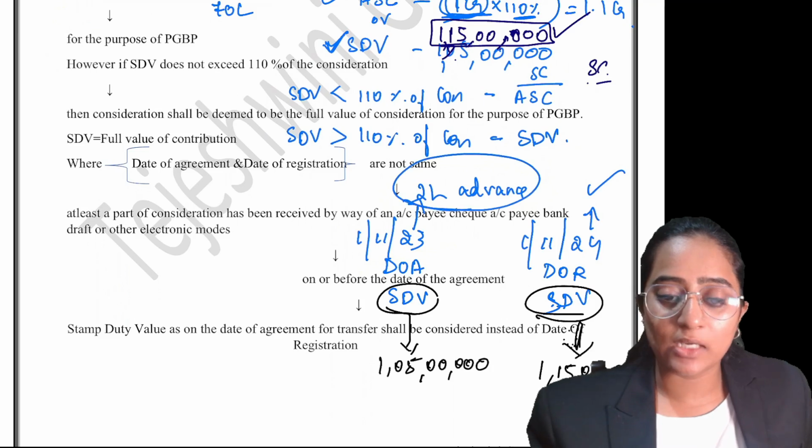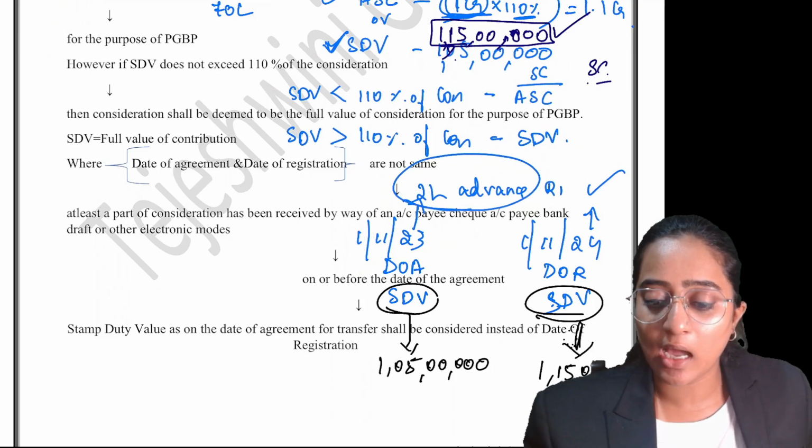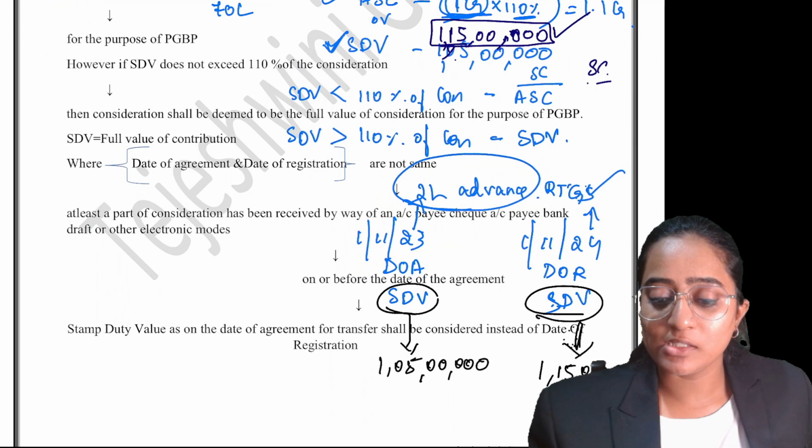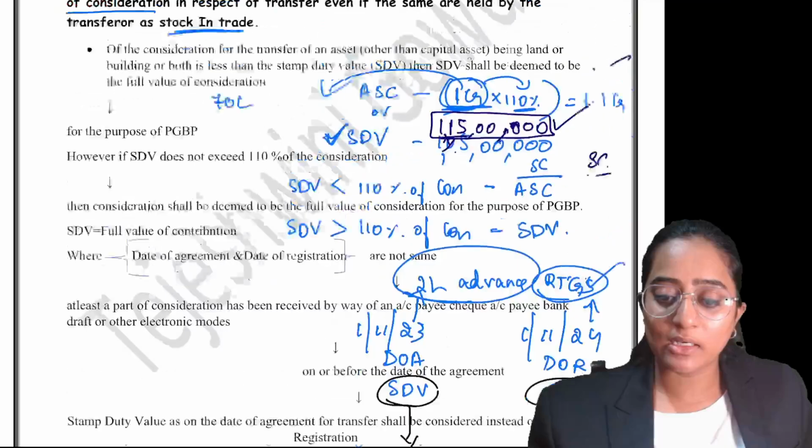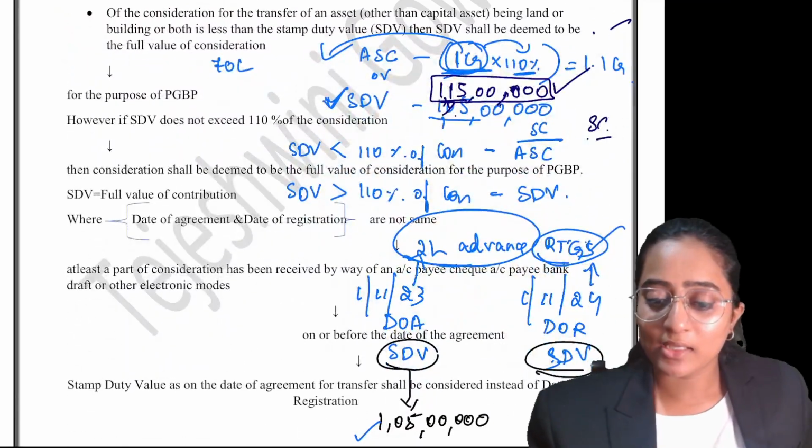This 2 lakh rupees advance, suppose this fellow has made it by RTGS, then he has made it through banking channels only. We will consider the SDV as 1 crore 5 lakh in this situation.